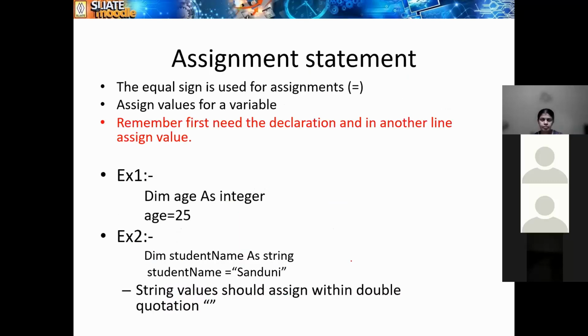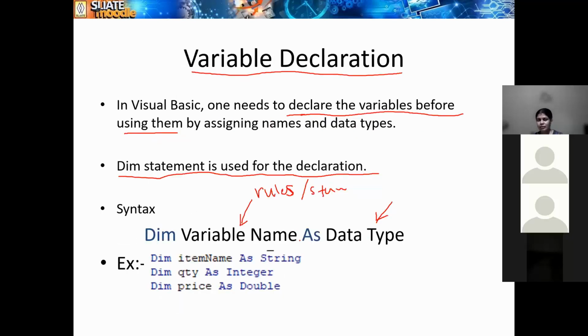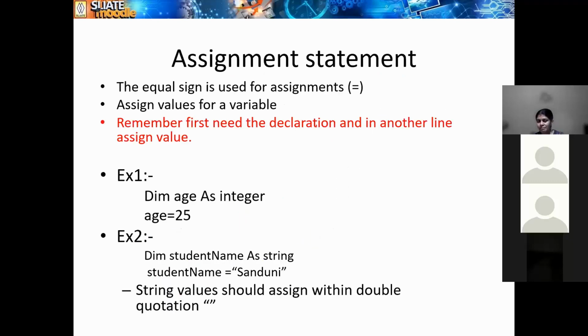Yeah. Now we are going to assign values, right? So when we were talking about variable declaration, it mentioned that variables should be declared before using them, right? So now we are going to use them. Here, I'm just going to example one.